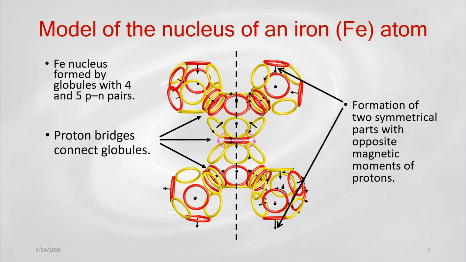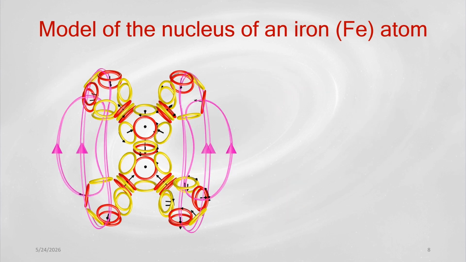It's worth noting that the most abundant isotope of iron contains just 26 protons in its nucleus, but as many as 30 neutrons. In this model of the iron nucleus, the magnetic moments of protons and neutrons are arranged in a highly symmetrical configuration. In the upper region of the structure, the magnetic moments of the protons are oriented inward into the lobes, while in the lower region, their orientation is reversed, pointing outward from the lobes.